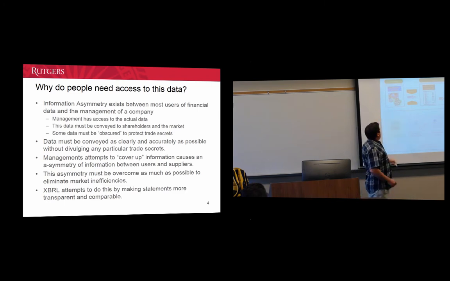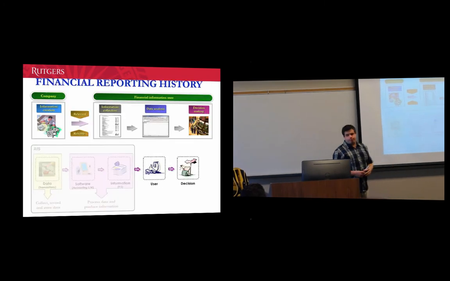The company, they create this information, right? And they have to determine what information is relevant to the shareholders and is that information reliable. And the people that do that are auditors, right?